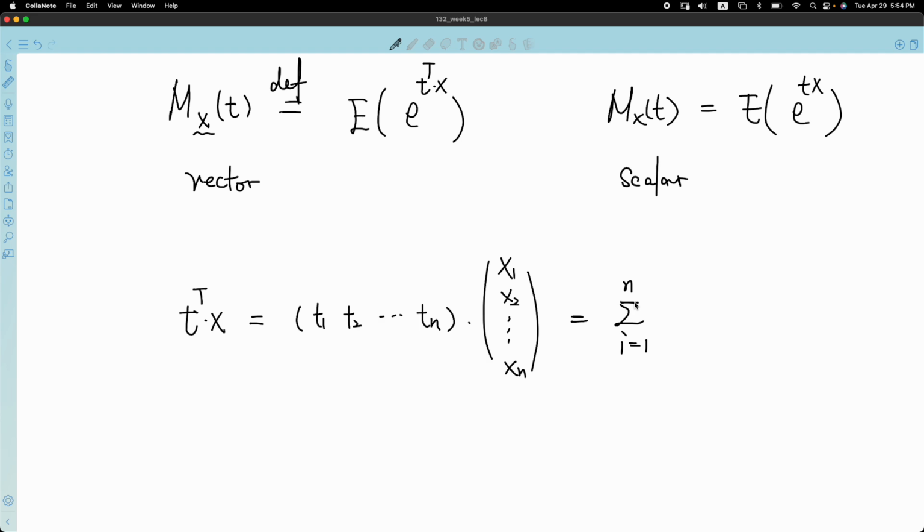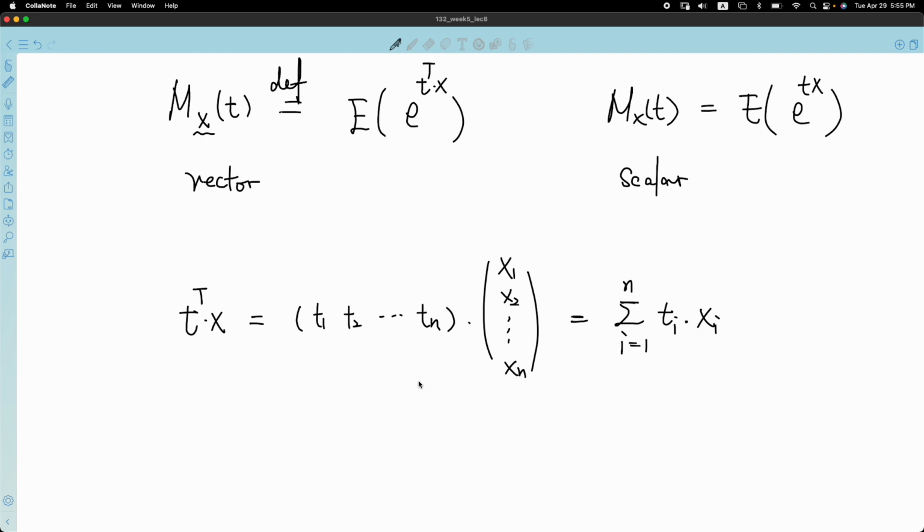If you want to do it element-wise with an index, you can do the summation over i from 1 to n of ti multiplied by xi, where ti and xi are the corresponding elements in the vectors. So it's a scalar ti, scalar xi, take the product, sum them together. That is how the inner product is defined.